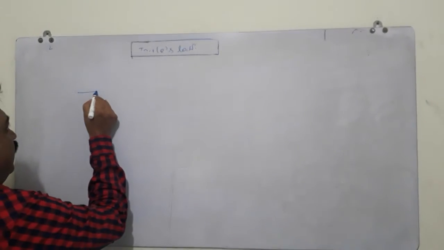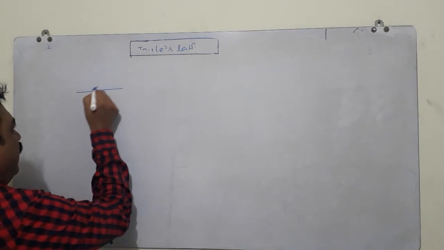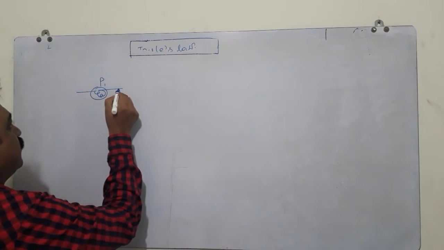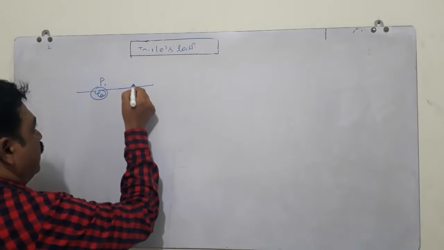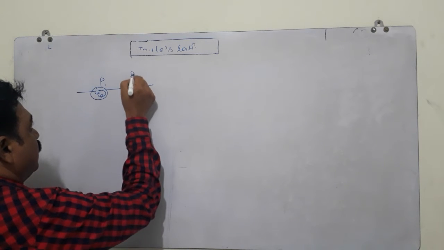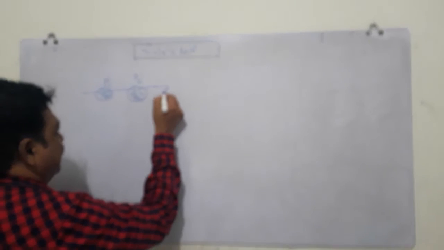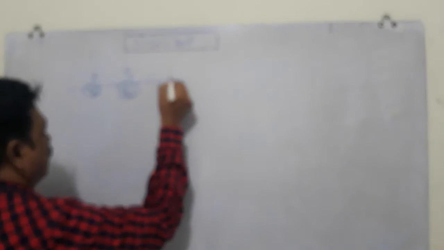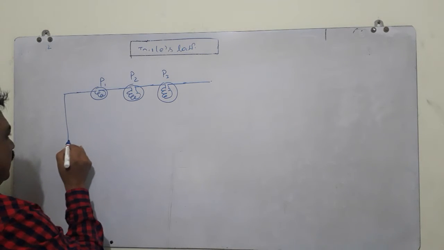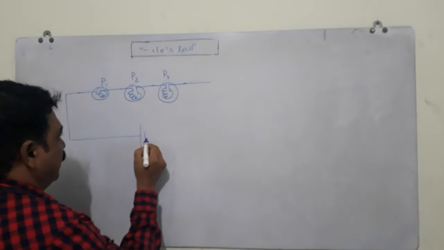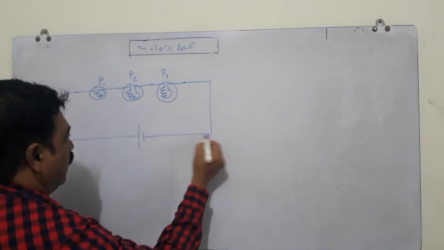See, this is a bulb of power P1, another bulb of power P2, and just like that P3. They are connected in the same path. That is why it is a series combination of bulbs.